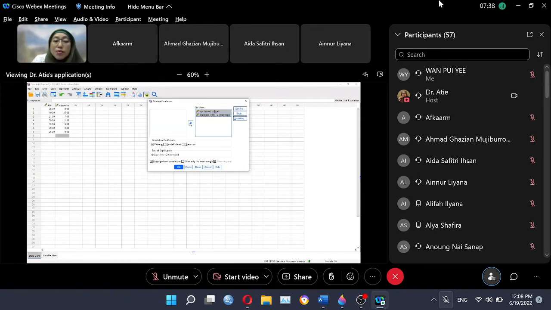Okay. So we have the options Pearson, Kendall's tau-b, and also Spearman, right? Spearman I already explained, when we have ranks. And Kendall's tau-b if we have nominal and quantitative, the mixed variable. So we are not going to use these two. We only use Pearson because Pearson is for quanti versus quanti, right?